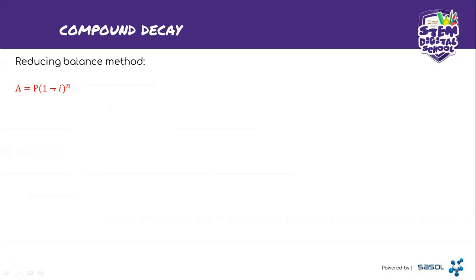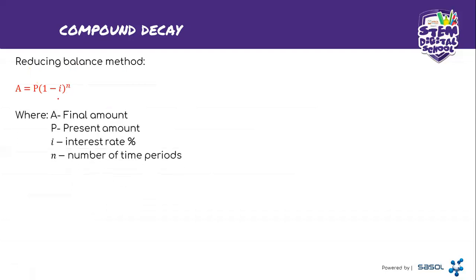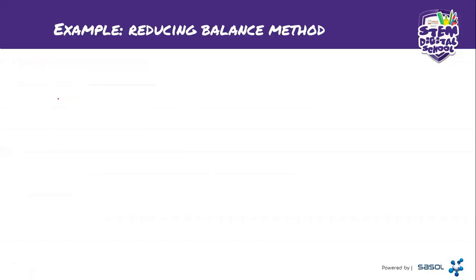This one is negative, that one was positive, right? And then we still have the same values: A, which is the final amount, P, the present amount, the interest rate, and the number of time periods. Okay, now let's proceed. Let us get an example where we are going to use the reducing balance method.